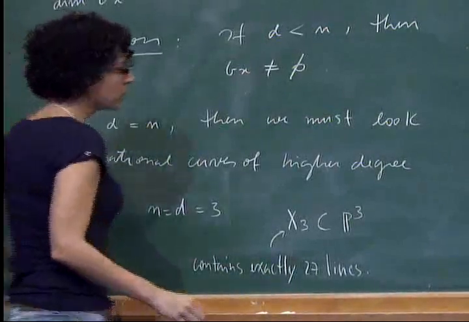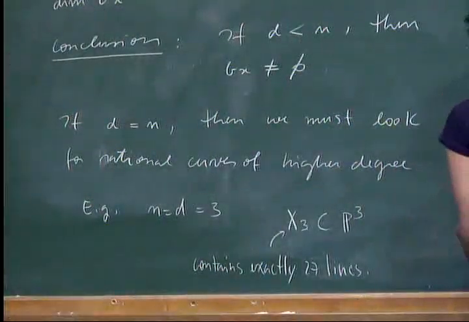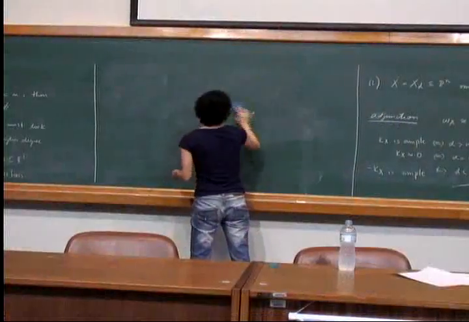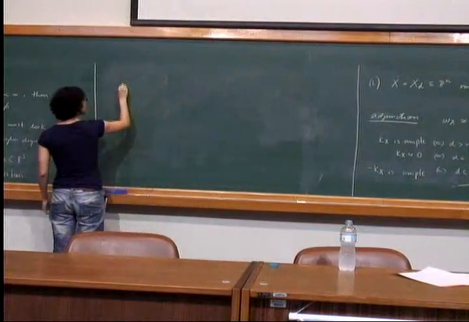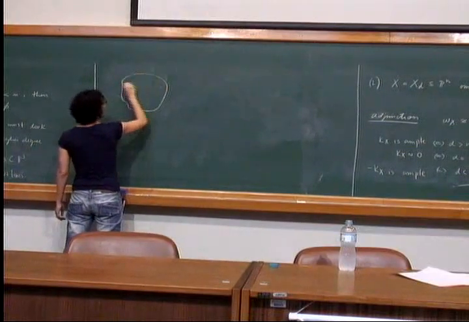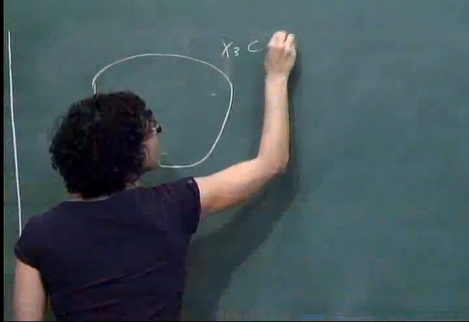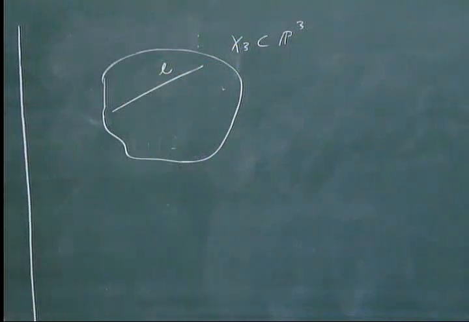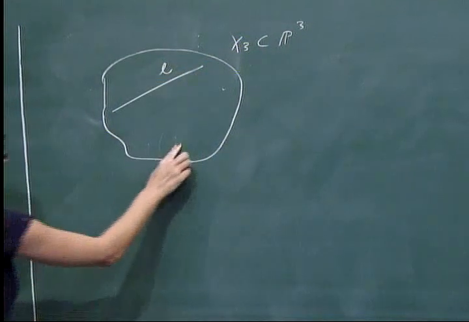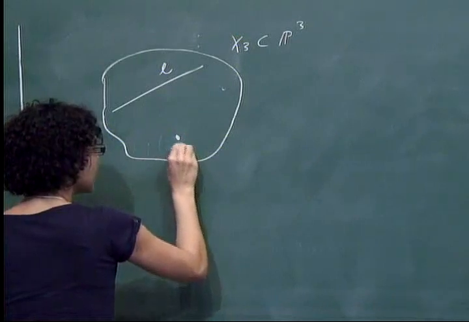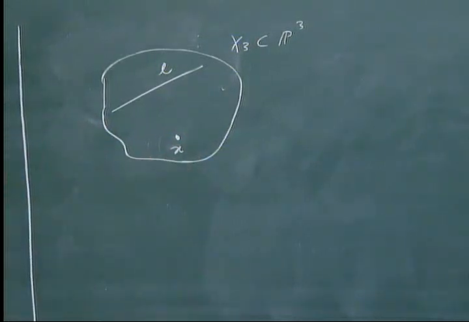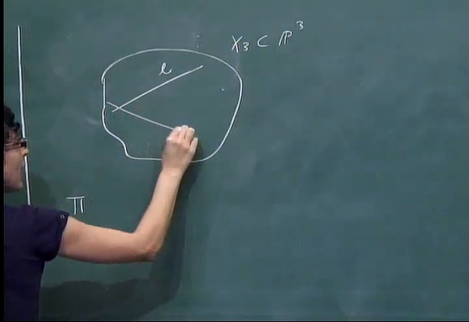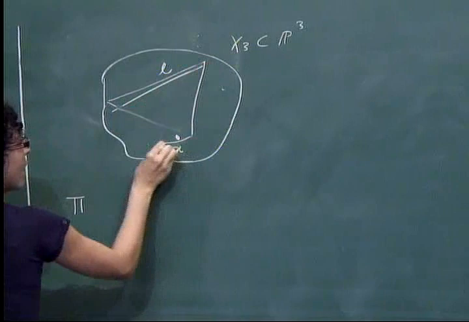But then this is what you can do. So let me fix one line L contained in X_3. Now if you give me any point x not on the line, I can look at the plane that is spanned by x and L.